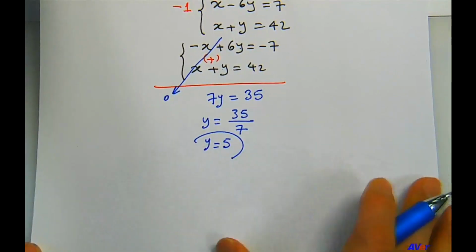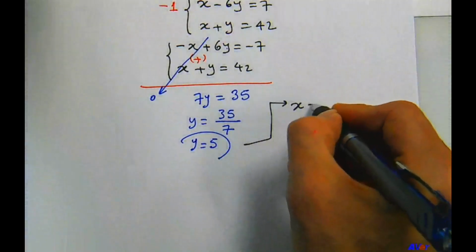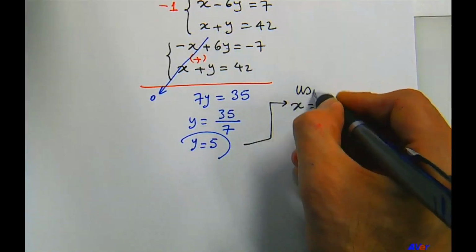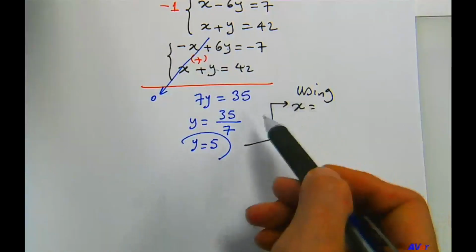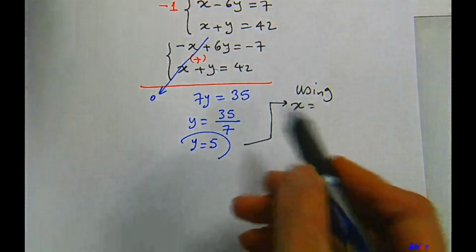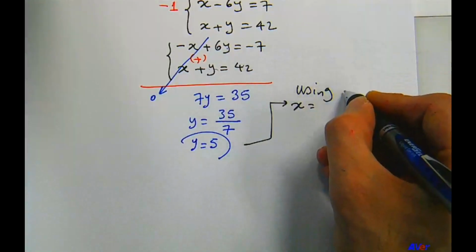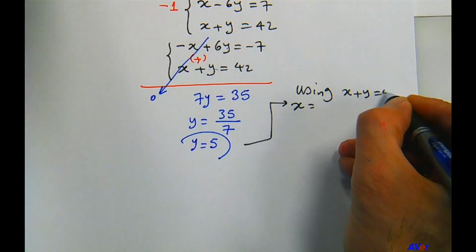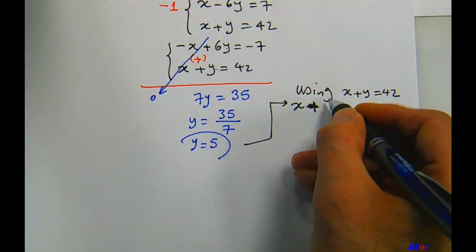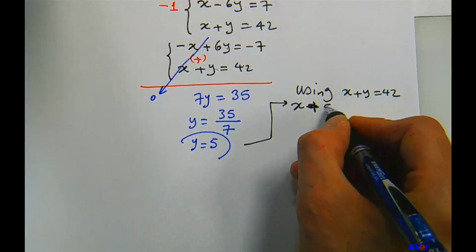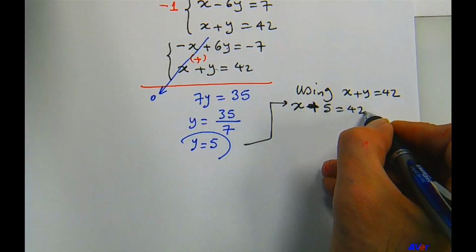That's y. Let's find x. Using any of these original equations, we can solve for x. Using the easier one, x plus y equals 42, we have x plus 5, the 5 that we just figured out, equals 42.